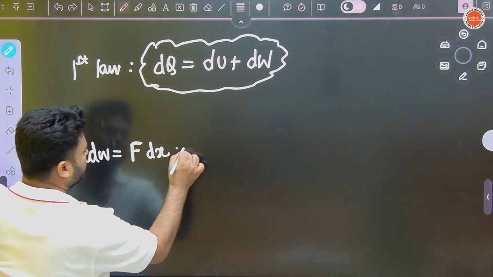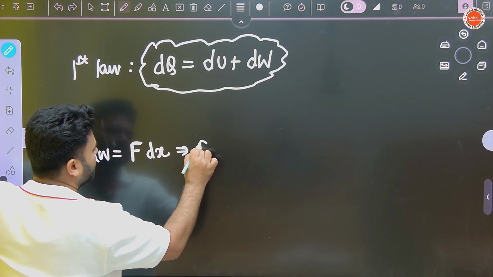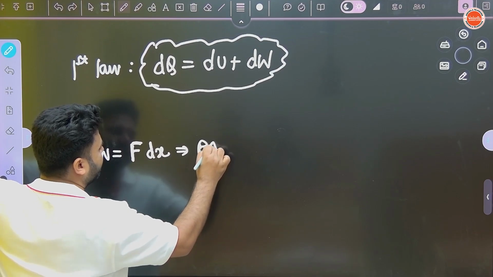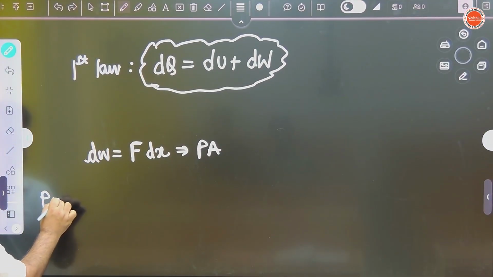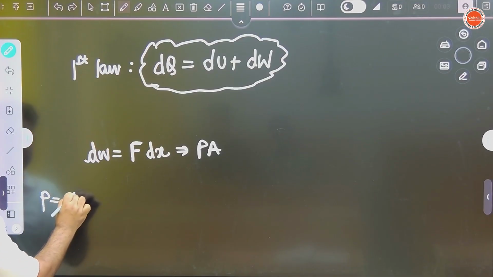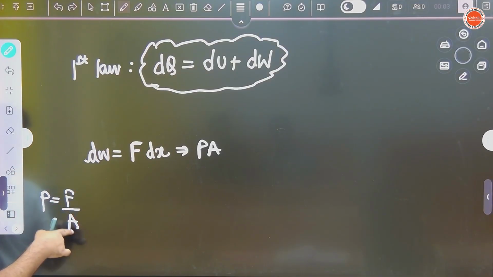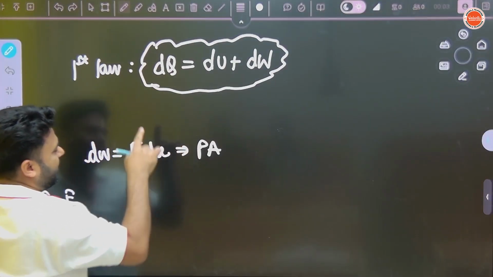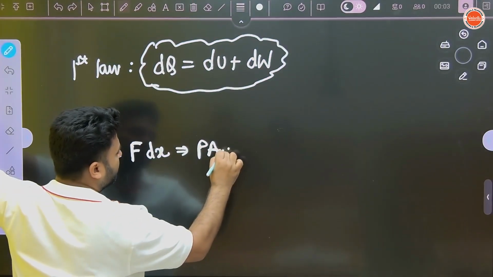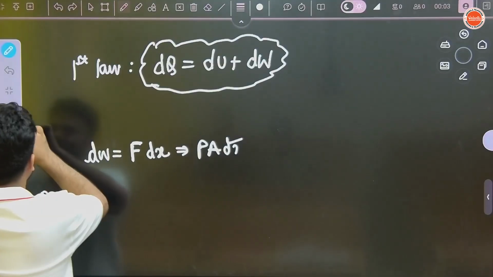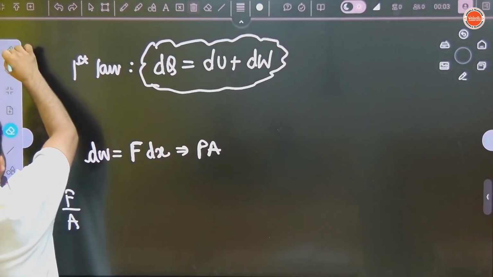What is force? Can I write force equals pressure applied by the gas multiplied by area? Because we know that pressure is nothing but force by area. So force applied by the gas is pressure into area, that is, pressure applied by the gas multiplied by area of the container, multiplied by dx, displacement of the lid.